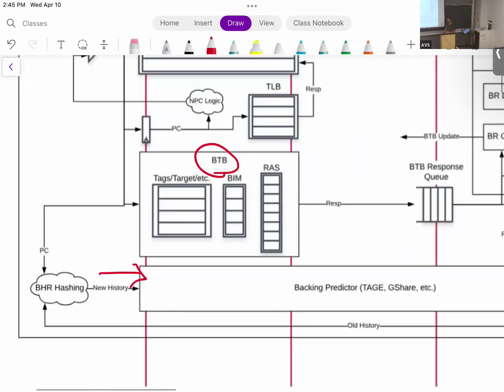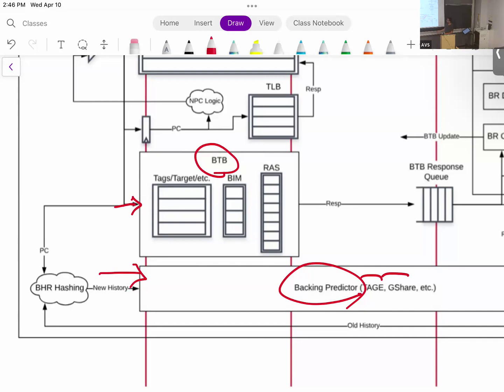There is this branch target buffer, BTB, that we feed the PC to. There's also what in their terminology is the backing predictor, which is essentially another branch predictor. And usually we use a combination of various different branch predictors. We use TAGE, we use G-share, and you could use any other branch predictors here as well.